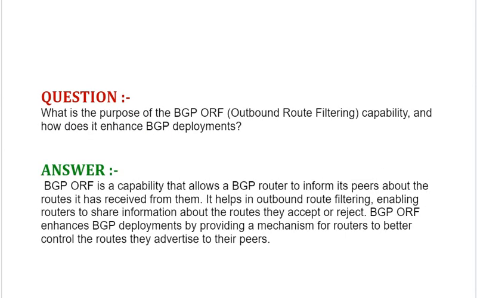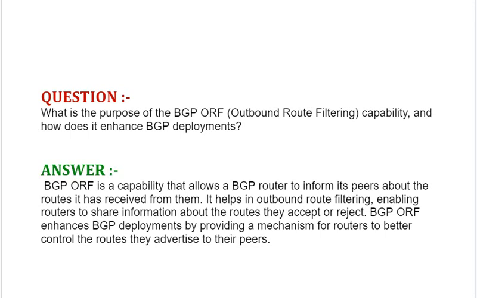Our next interview question is: what is the purpose of the BGP ORF (outbound route filtering) capability, and how does it enhance BGP deployments? Your answer should be: BGP ORF is a capability that allows a BGP router to inform its peers about the routes it has received from them.